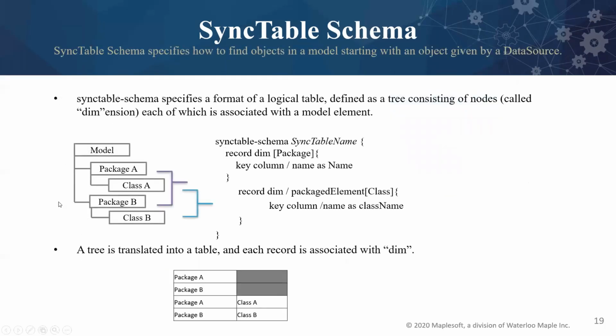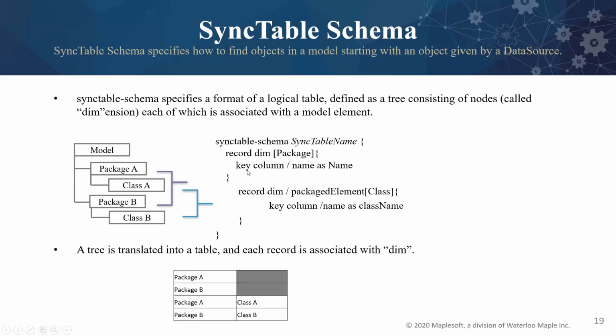Now for this simple model structure, say a model which has two packages and each package has a class, the sync table is going to look something like this. I'm going to start with record dimension package, then the key column /name as name. This is the qualifier, the package that we are of interest in.